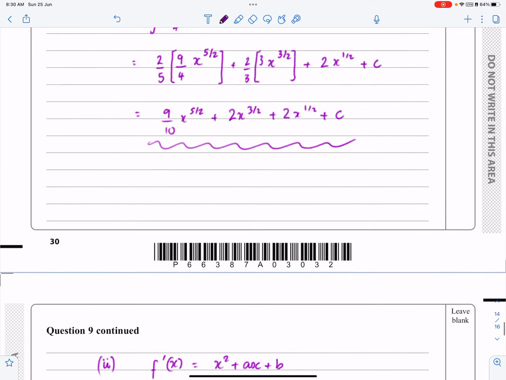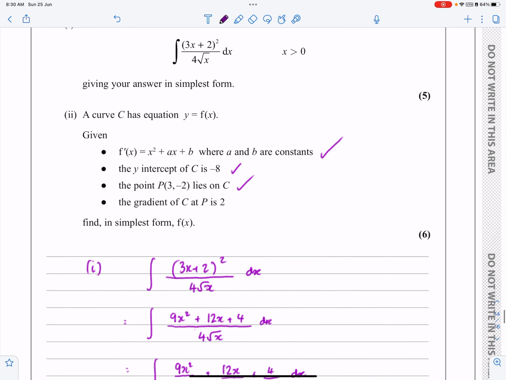They've also told me, the last bit, that the gradient of c at P is equal to 2. So if that's true, I can put that information in. So f dash 3 is equal to 2. So f dash 3, f dash was x squared plus ax plus b.